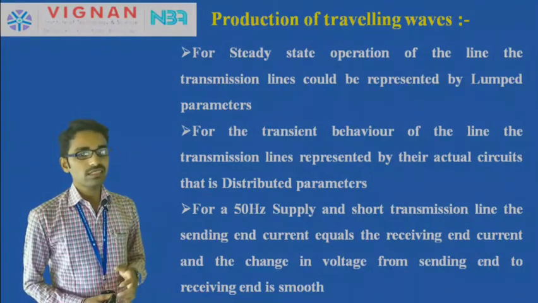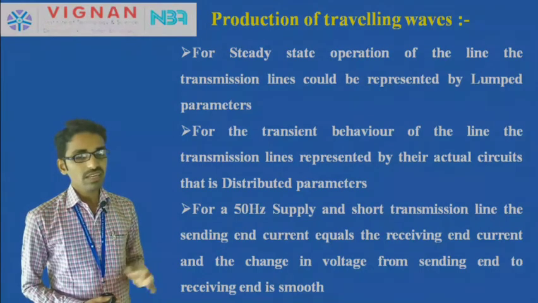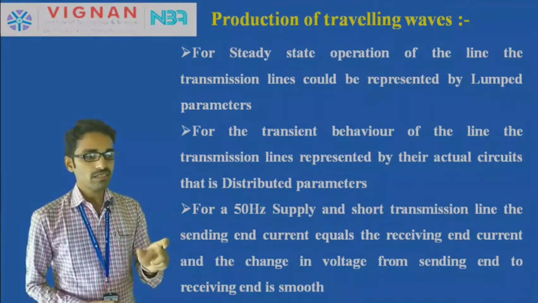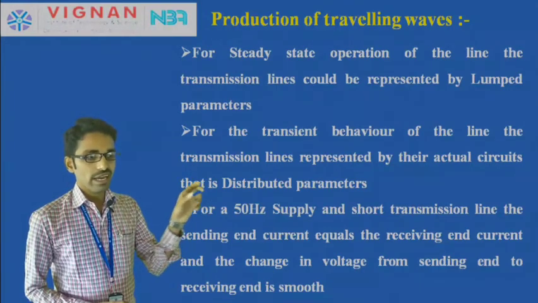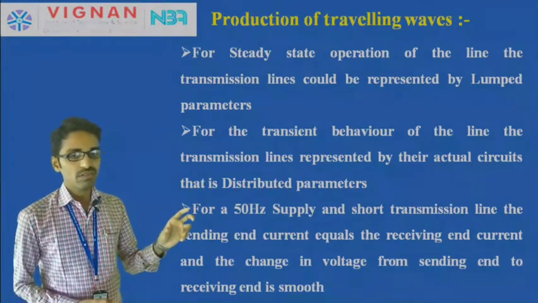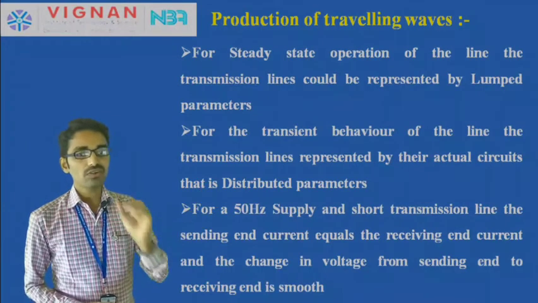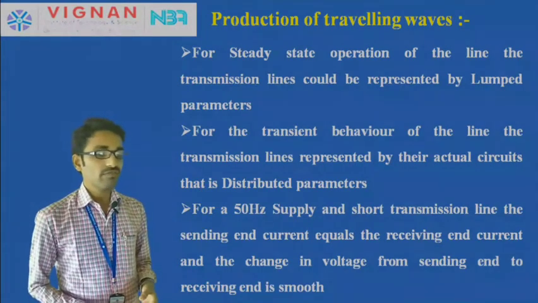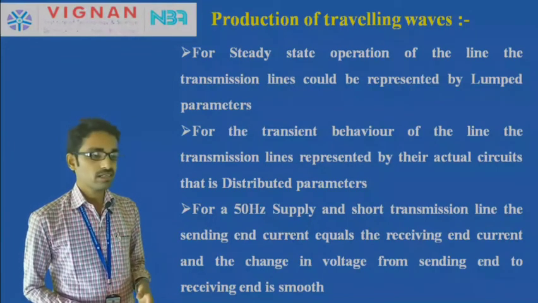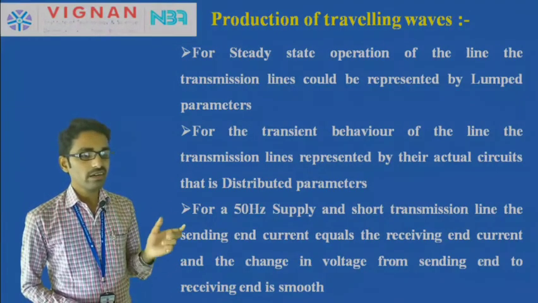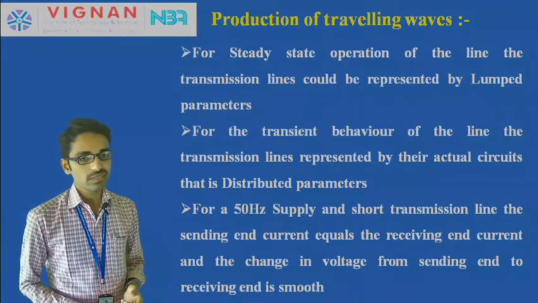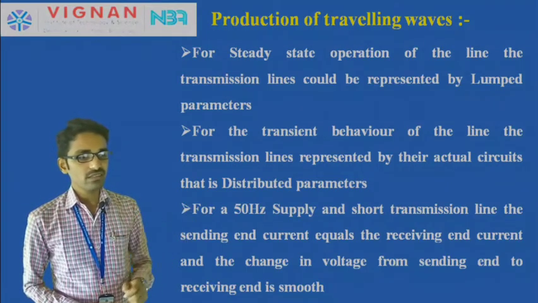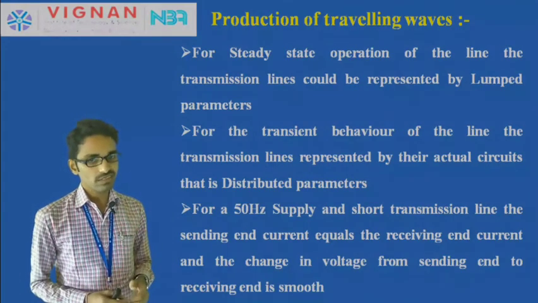If you consider the long transmission line, it consists of inductance and capacitance, that is L and C, and this L and C combination is present throughout the line length. So, if I consider a 50 hertz supply and a short transmission line, the sending end current is equal to the receiving end current, and the change in the voltage from sending end to receiving end is smooth. That is what I am considering.